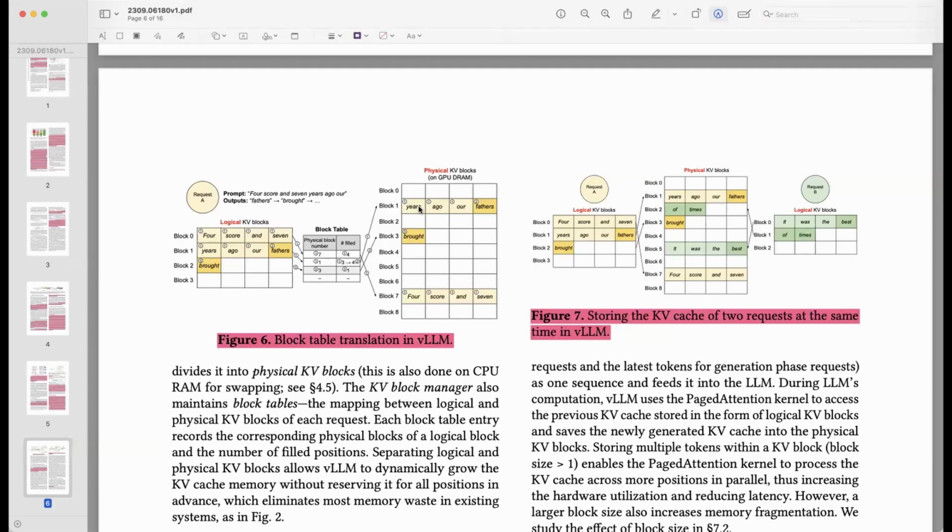But given the context length which current state-of-the-art LLMs support, you would probably be doing just one request per GPU, which wouldn't be scalable. So you would prefer to go this route, even if it comes at the cost of a little bit of efficiency, a little bit of latency.